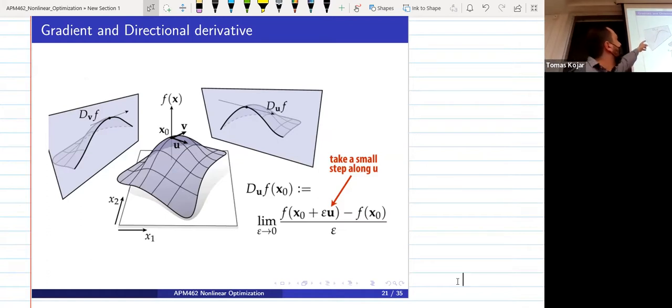So here, you take a slice along v and compute a one-dimensional derivative, or along u and compute this derivative. So that's the intuition of the directional derivative: you can translate it into a 1D problem. The gradient is not 1D. The gradient looks in all directions. The directional derivative has one vector.